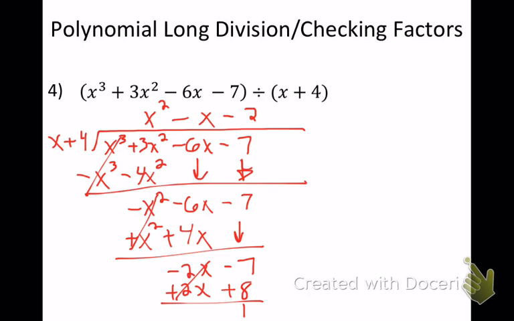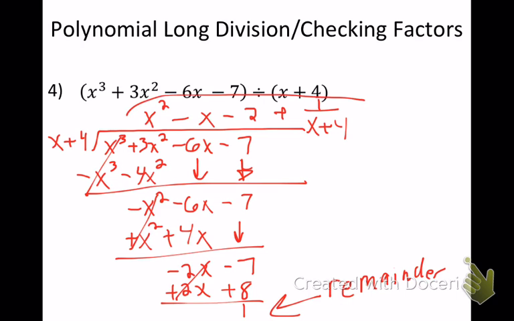Can x go into 1 at all? Anybody, can x go into 1? So what's that going to be? That's going to be my remainder. So we get plus 1 over x plus 4. Nice job. Okay.